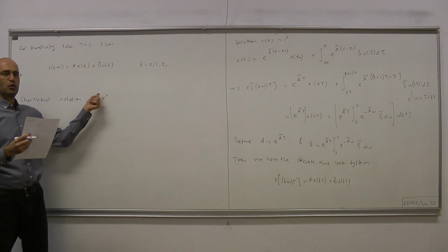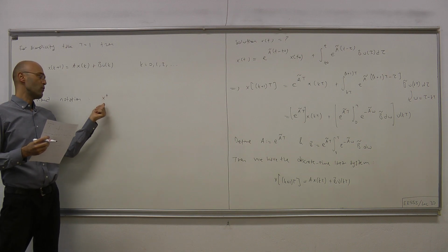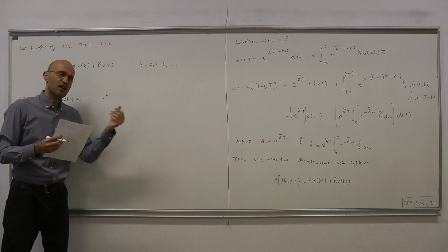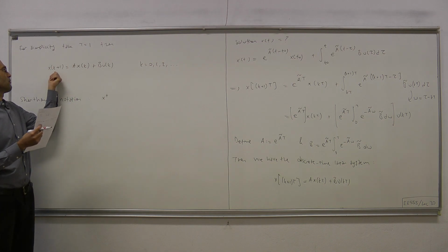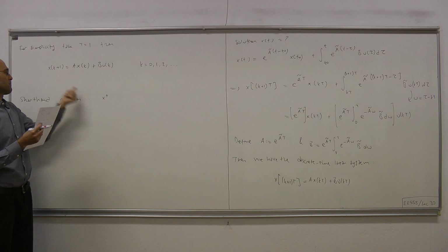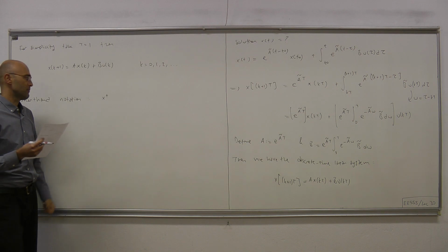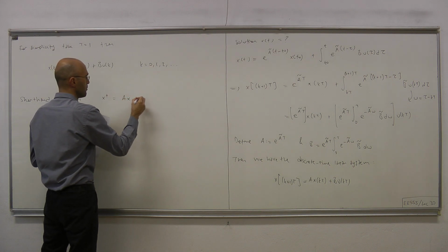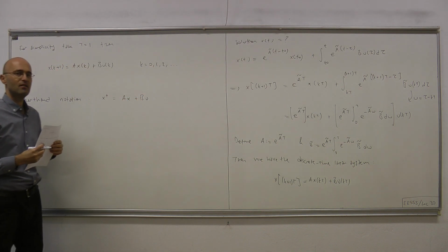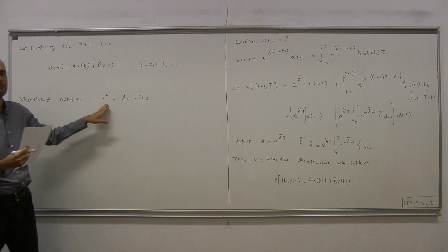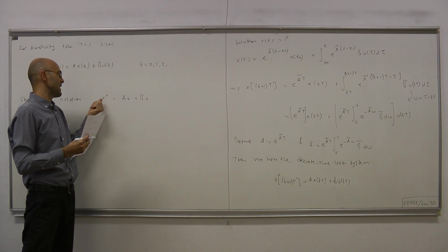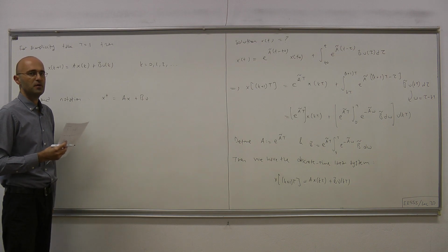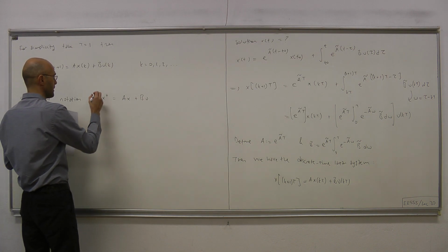For a continuous time system we have ẋ, now we have x⁺, and x⁺ means the value of the state at the next time instant. So if we're at k, x⁺ means x(k+1), equals A x(k) + B u(k). So that's the shorthand notation. We're imitating ẋ = Ax + Bu in a sense. This is the shorthand notation for the discrete time system.